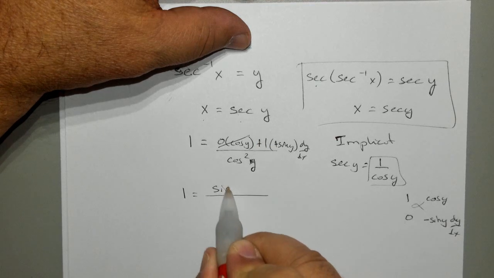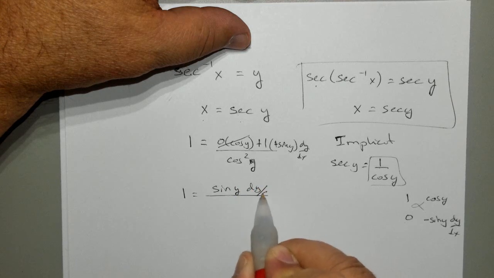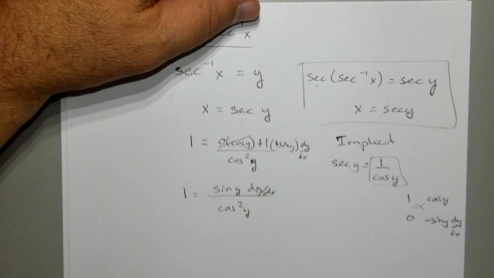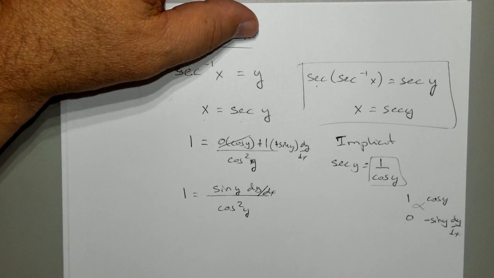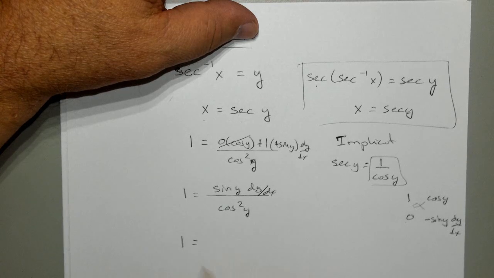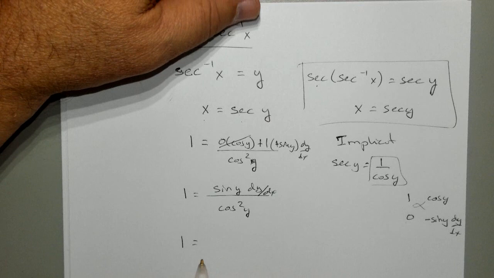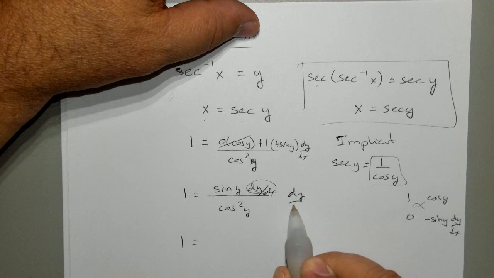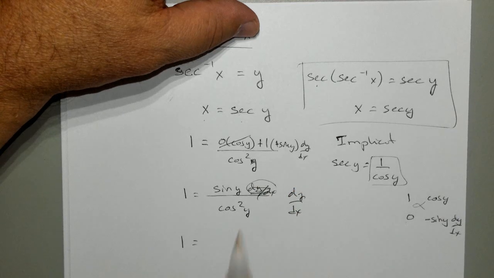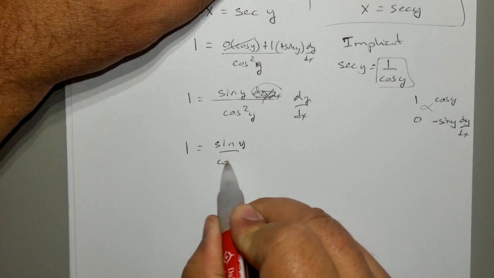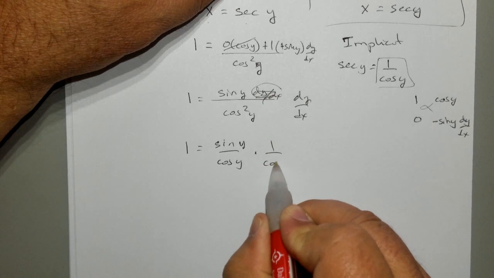So we have sine y dy dx over cosine squared y. So this whole thing is the dy dx. So this becomes sine y over cosine y times 1 over cosine y.